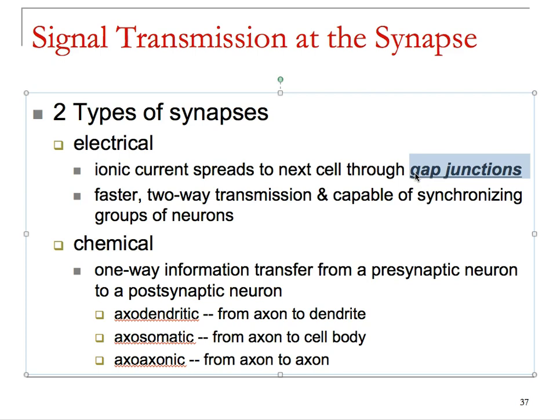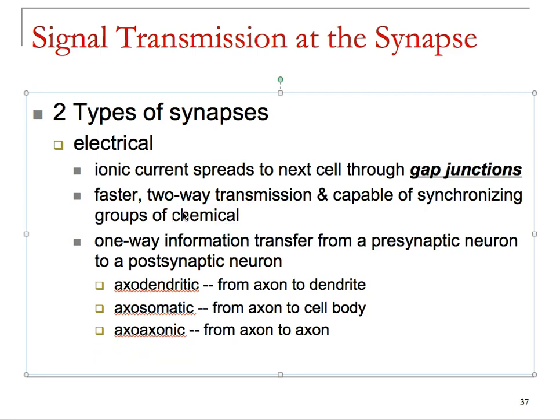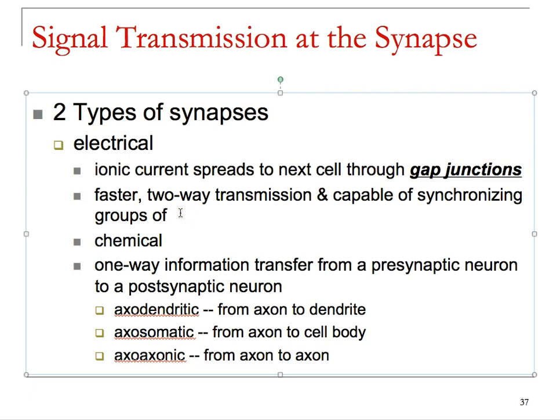And it's faster, it's two-way, you can actually synchronize groups of cells. Because we only teach it to you in terms of how it works for, say, cardiac muscle fibers and stuff like that, and smooth muscle and osteocytes.